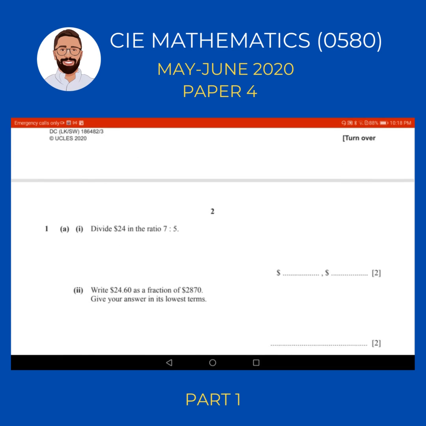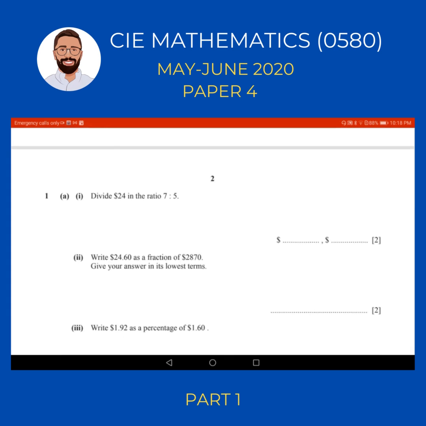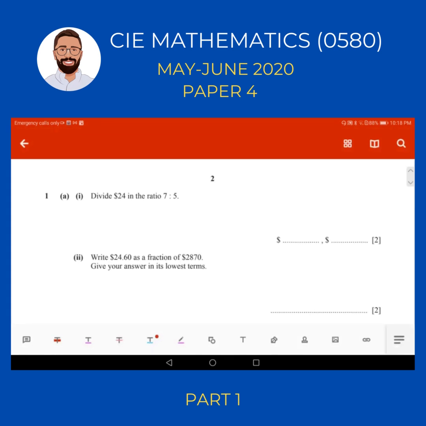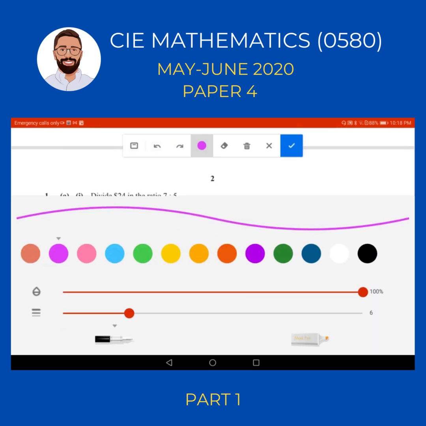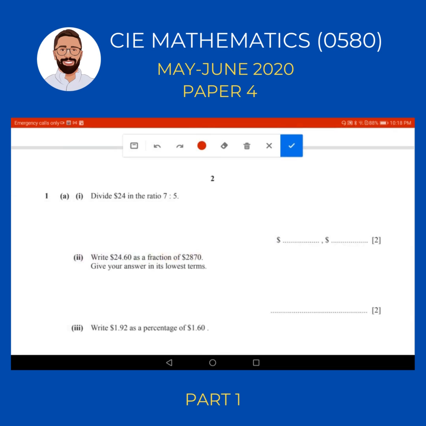In part (a)(i), it says divide $24 in the ratio 7:5. So I'm going to assume I have 2 persons, A and B, and the ratio of A to B is 7:5, and I'm going to add a total column.